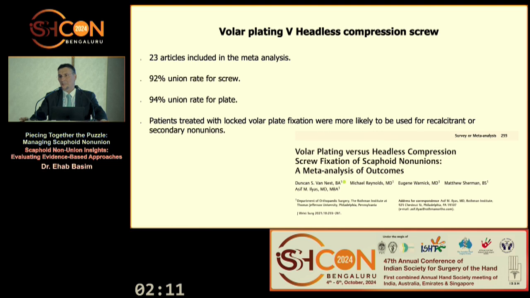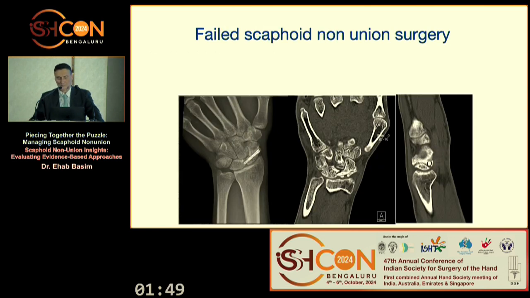But when we look at the meta-analysis of all the studies regarding headless compression screws and the volar plate, there's not much of a difference. The only thing is we tend to use the plate in complicated cases, revisions with multiple fragments, so that we cannot use the K-wire or the screw.